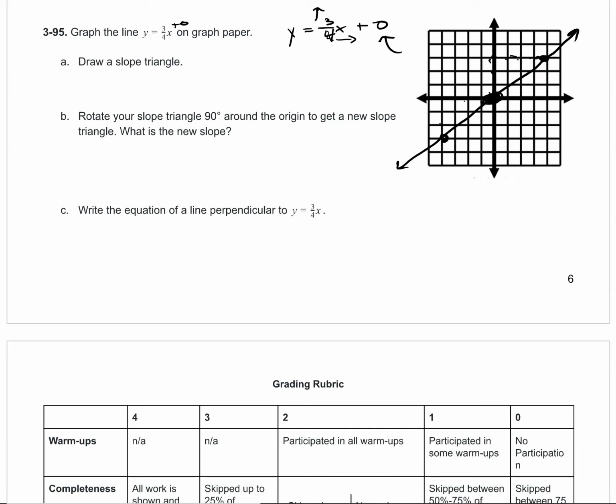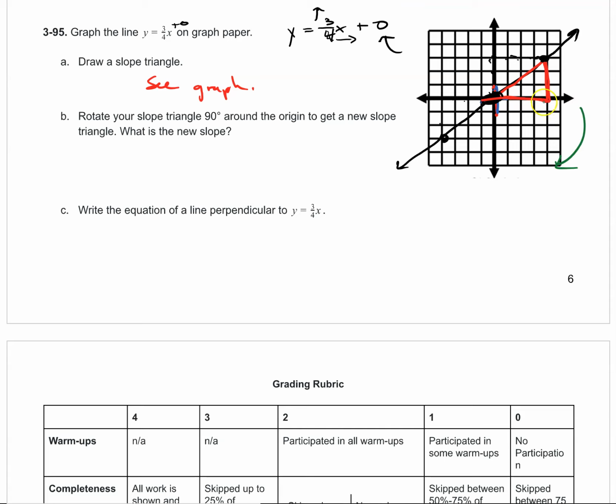Draw a slope triangle. That's this thing. See graph. Rotate your slope triangle 90 degrees around the origin. Here's the origin. I'm drawing my plus sign there to get a new slope triangle. So this brings everything down 90 degrees.